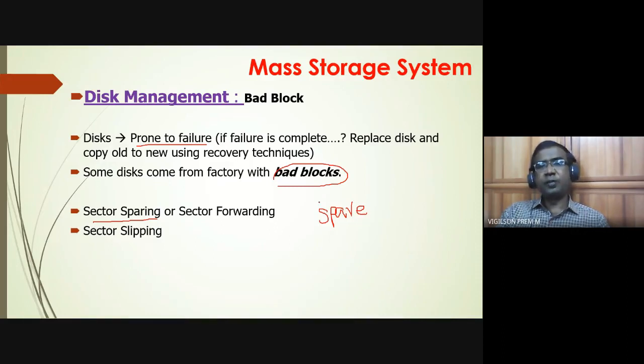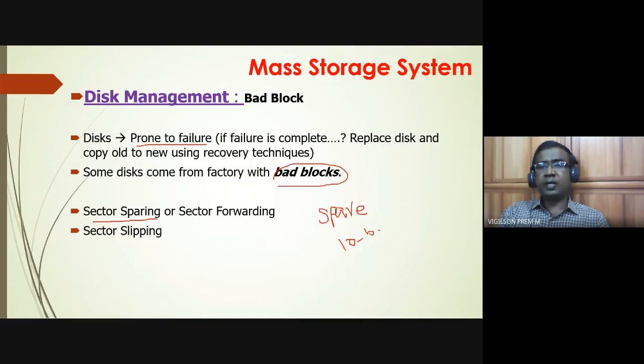Suppose you have one bad block: when you are storing the data, you find the data is not stored properly, so you define that as a bad block. That means the operating system will mark that particular block as a bad block. For example, block number 10 is bad.